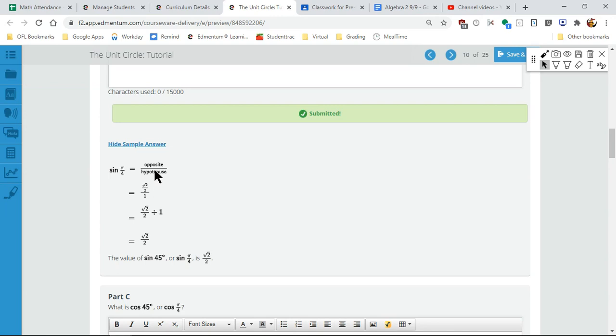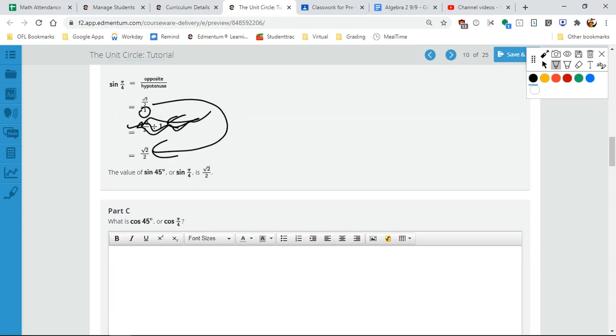And they're just saying it here, opposite over hypotenuse, but the hypotenuse is 1. So that's what they're doing here. This is our opposite. This is our hypotenuse. But if you're dividing by 1, you don't really have to do this step. You can just go to this step right away. With dividing by 1, you're not doing anything.